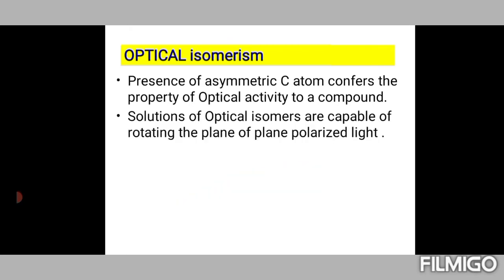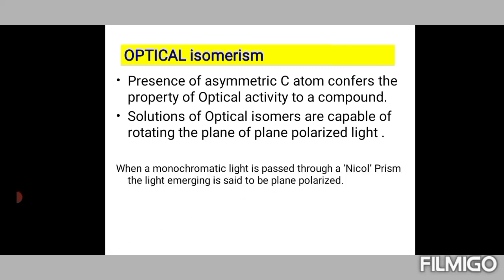Solutions of optical isomers or monosaccharides are capable of rotating the plane of polarized light when the light is passed through such solutions. And now here we have to know what plane polarized light is. When light is passed through filters or polarizers like a Nicol prism, the emerging light is said to be plane polarized light.